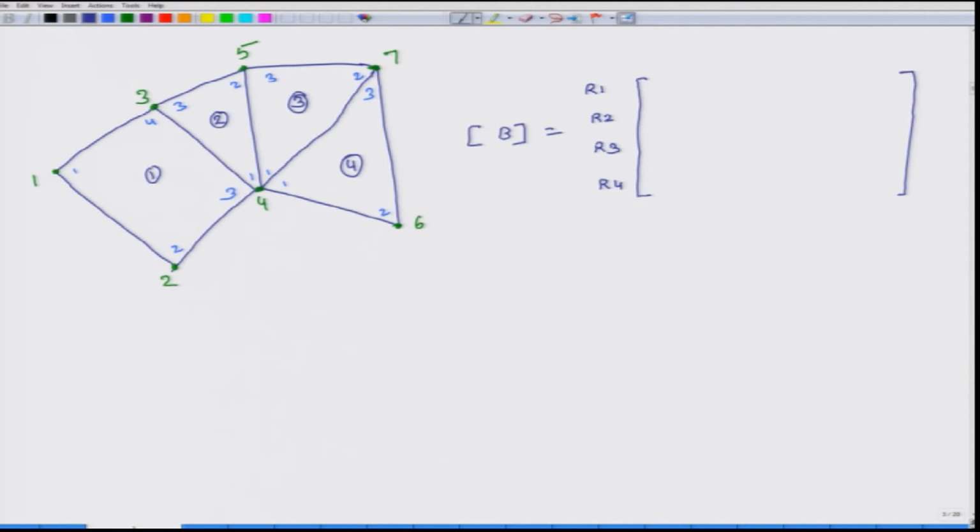So, now with that understanding, this is corresponding to the first local node, second local node, third local node and fourth local node. Okay. Now, what are the entries in the first row? Row 1, what are the entries?